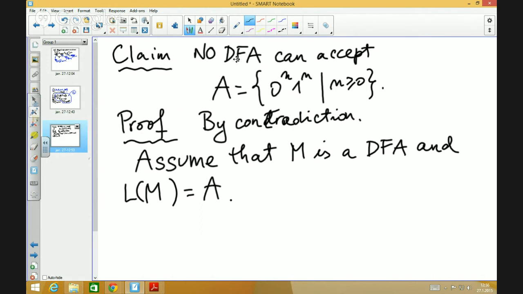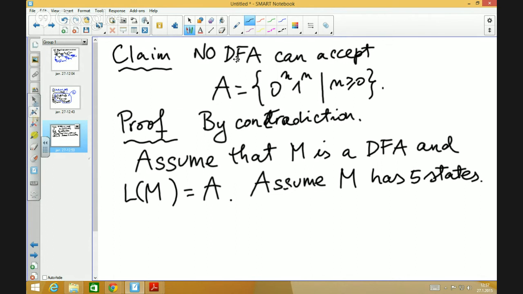So let's assume that M has 5 states. Well, 5 is not a magic number, it's just a specific number instead of k states for some k, just to make everything very concrete. So this automaton accepts all of the strings of this form.